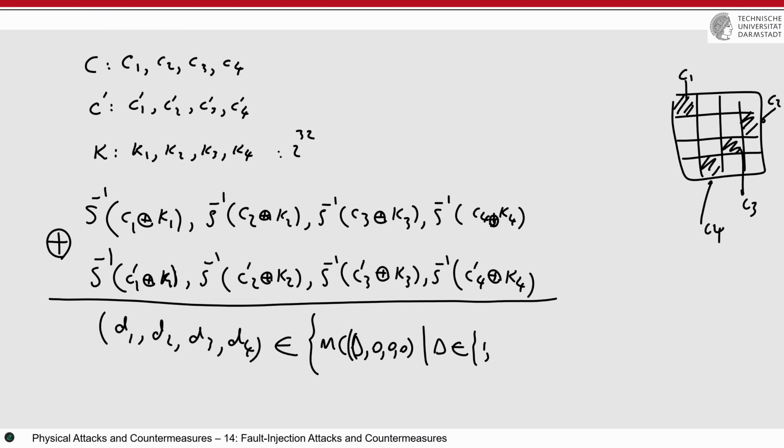Belongs to 1 till 255. If this belongs to this set, then this key is one of the key candidates. If not, you check the next one. And usually a few key candidates remain, and you need to repeat this with another pair of these.